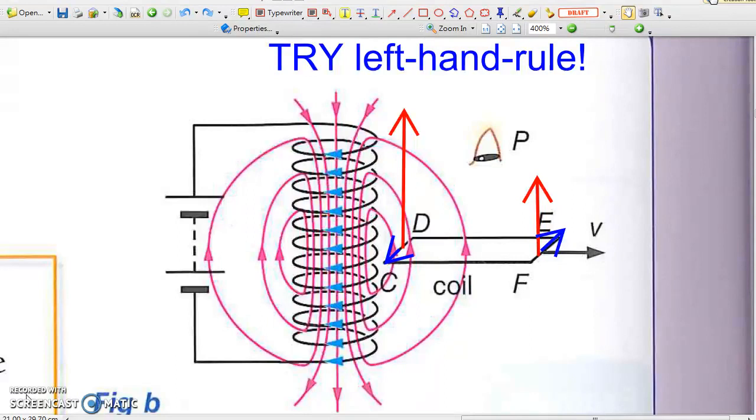Then you may apply the left-hand rule, and you will find the induced force. Due to the stronger magnetic field at CD, there is a larger induced force on CD, and the magnetic force on EF is outward, which is also smaller. So the net force on the coil would be inward towards the solenoid, and in this case decelerating the coil's motion.